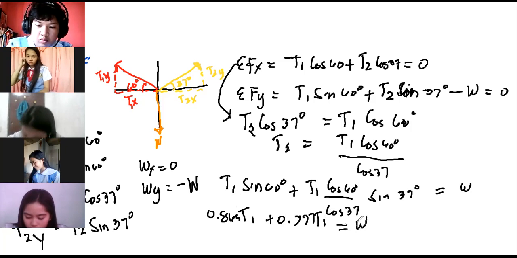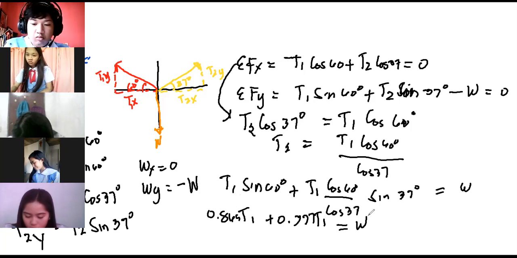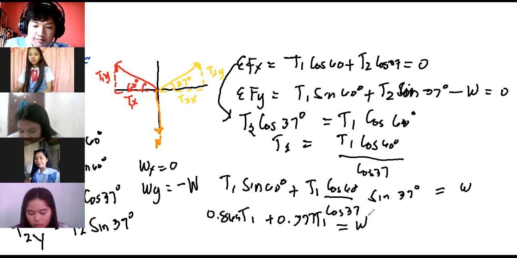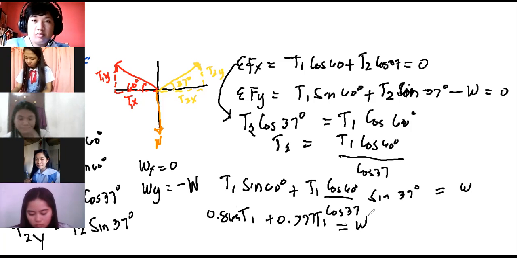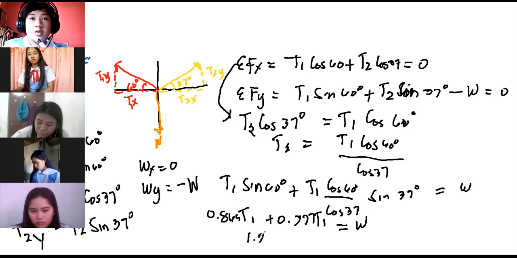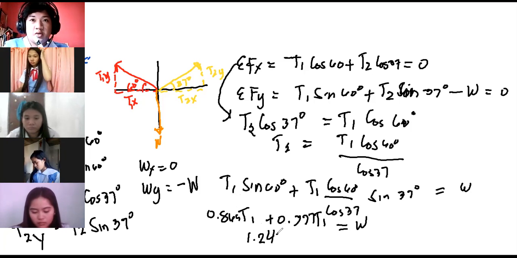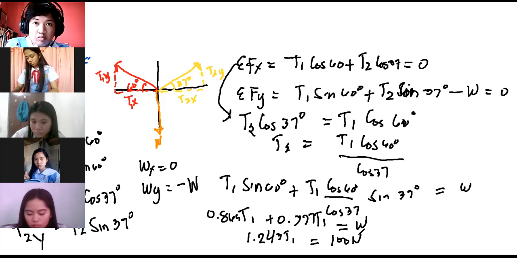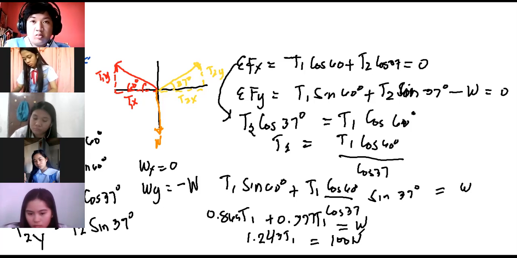And that will be equal to weight. Okay? So let's add the two. 0.866 plus 0.377, and your answer is 1.243 tension 1, which is equal to 100 Newton. Okay, so your tension 1 will be equal to, what?